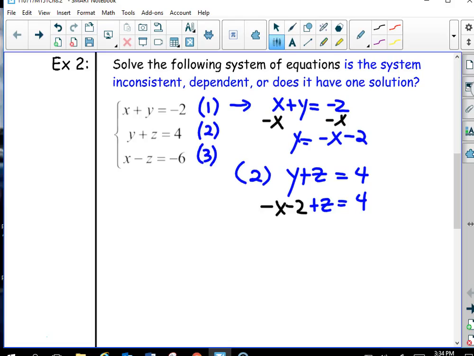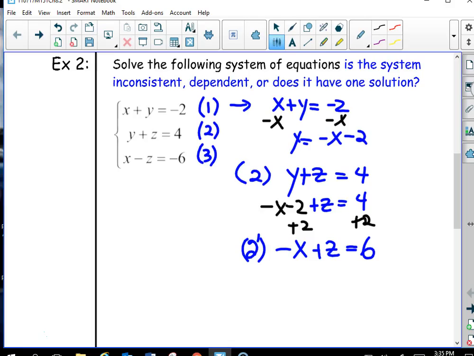And I'm going to add that to negative x plus z is equal to 6. So I've got this equation, which we'll call 2 prime because we put a couple of equations together. Now I'm going to combine that with 3. I'm going to do elimination here because my x's will cancel.